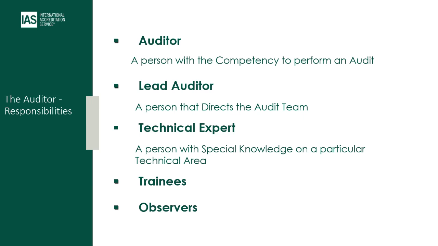So what you can do is bring in people and consider them technical experts to go with your lead auditor around the lab to perform certain functions. As long as you have two auditors within a team, you can very easily satisfy any impartiality requirements.